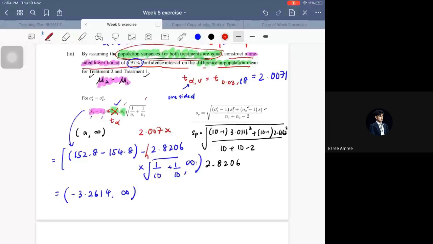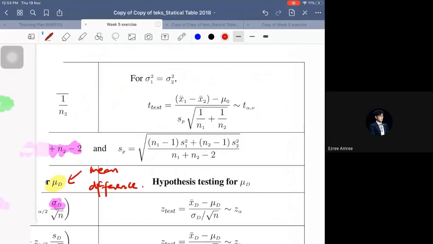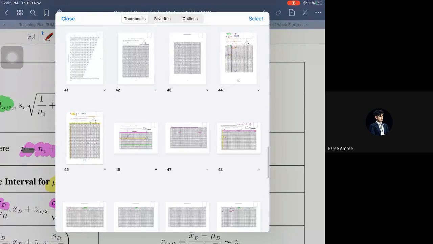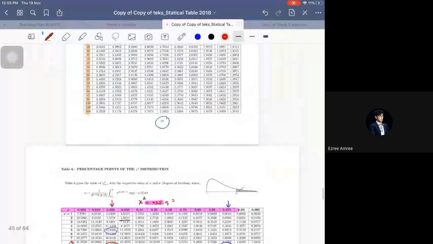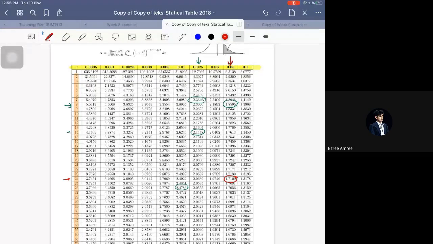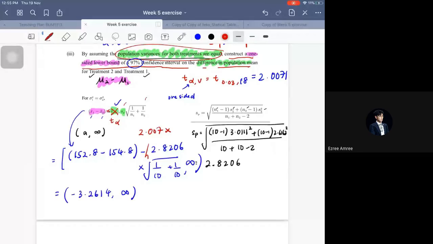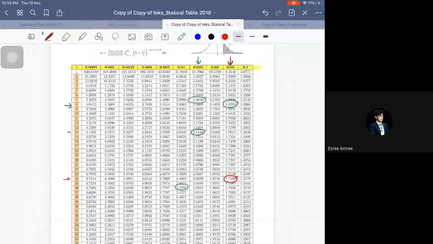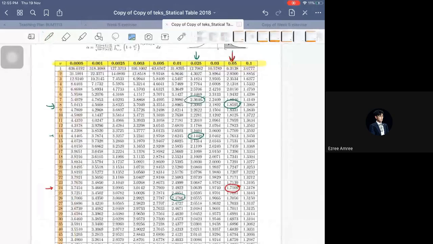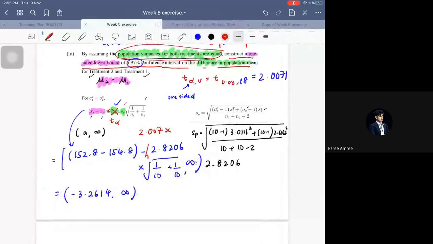The 2.0071 you take from the table, right? Yes, from the t distribution table. It's on page 37.